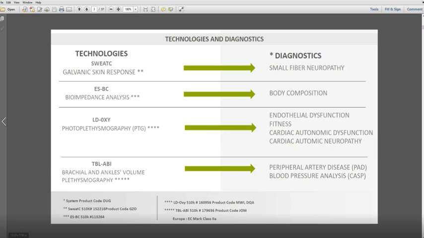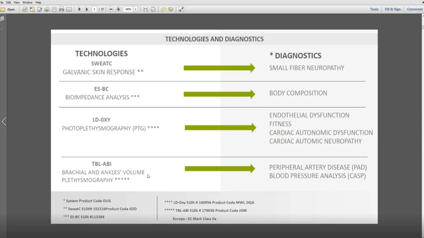And then finally, the technology that we have is the ABI. And so the ABI includes the blood pressure cuffs, and they're Bluetooth wireless blood pressure cuffs that perform the ankle brachial index measurement, as well as volume plethysmography.